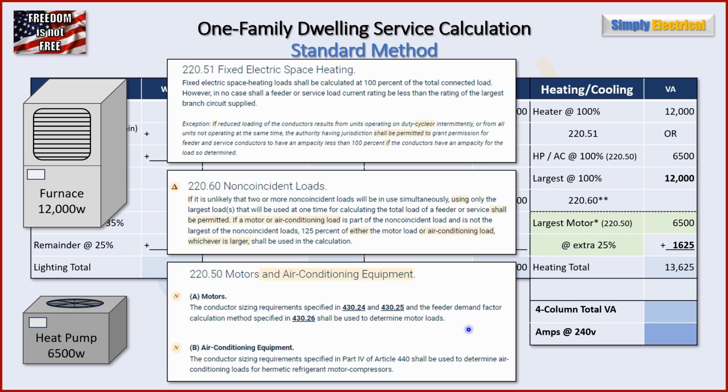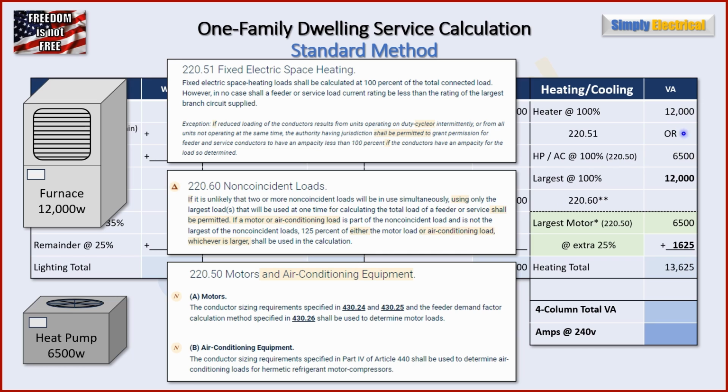Okay. So now let's back up a little bit and look at this big picture. We're going to go back up to the fixed electric space heating. So we have a 12,000 VA furnace. So we put for our heater load at 100%, 12,000 VA. For our AC, we take it at the nameplate, 6,500. Then, because of their non-coincident loads, we have to decide which one is larger.